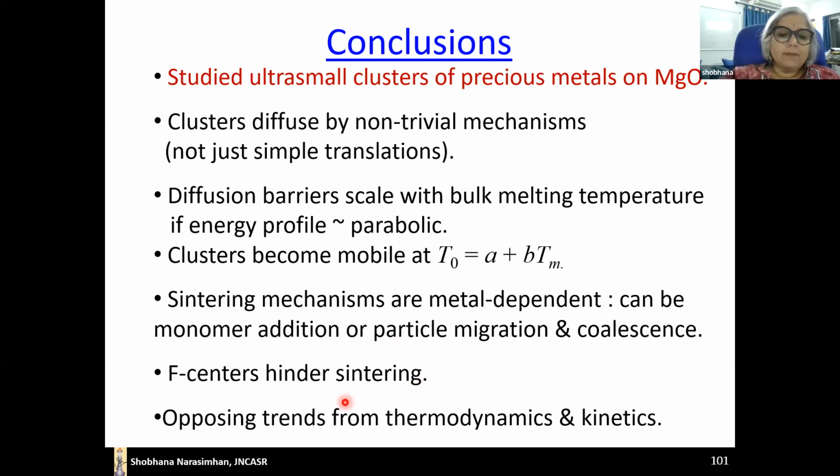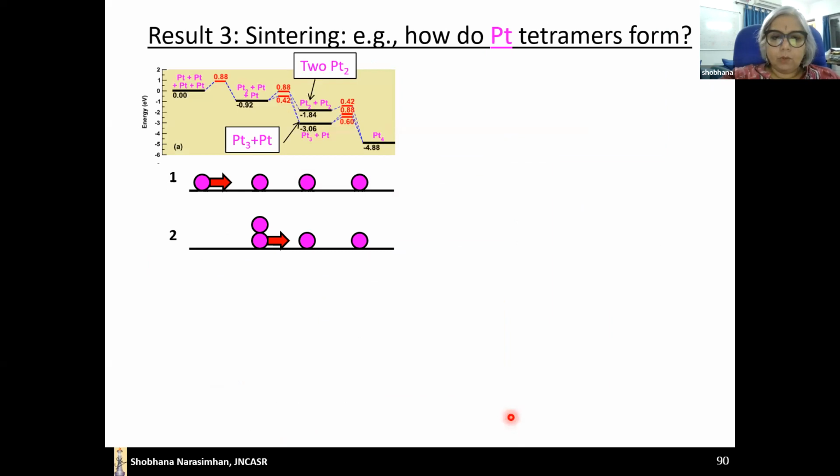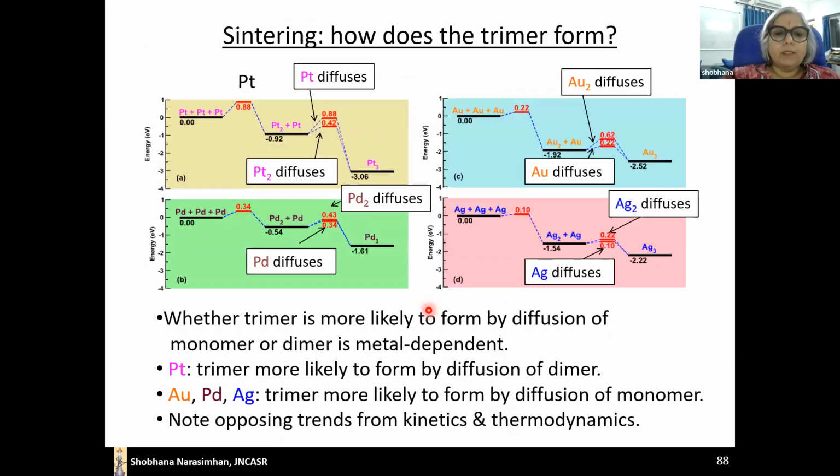One thing I forgot to discuss, but you can see, is that you get opposing trends from thermodynamics and kinetics. So if you look at this picture, for example, in the case of platinum, the energy you gain by sintering is huge. It is much bigger than for the other elements. On the other hand, the barriers you have to climb are higher for platinum than they are for the other elements.